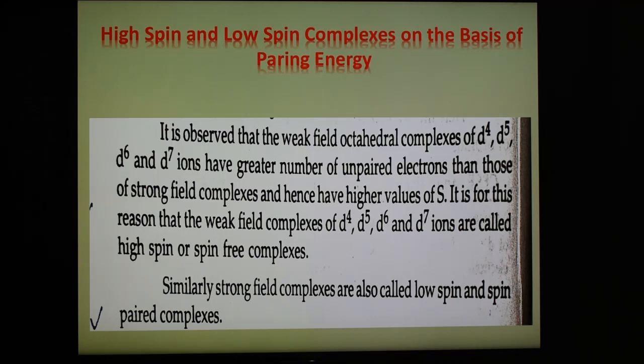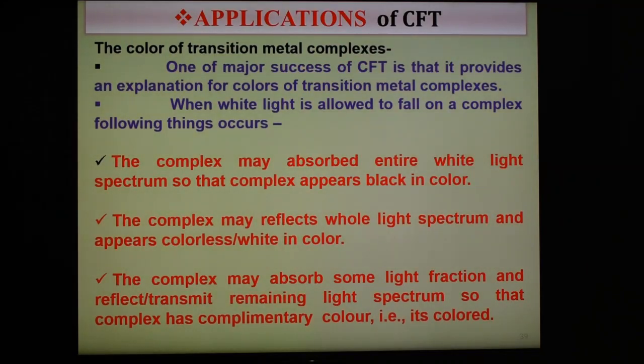Examples of high spin complexes are hexaaqua chromium 2 plus and hexaaqua manganese 3 plus, while hexacyano iron 4 minus and hexaammine cobalt 3 plus are low spin complexes. One of the most important applications of CFT is that it is used to know the color of transition metal complexes.